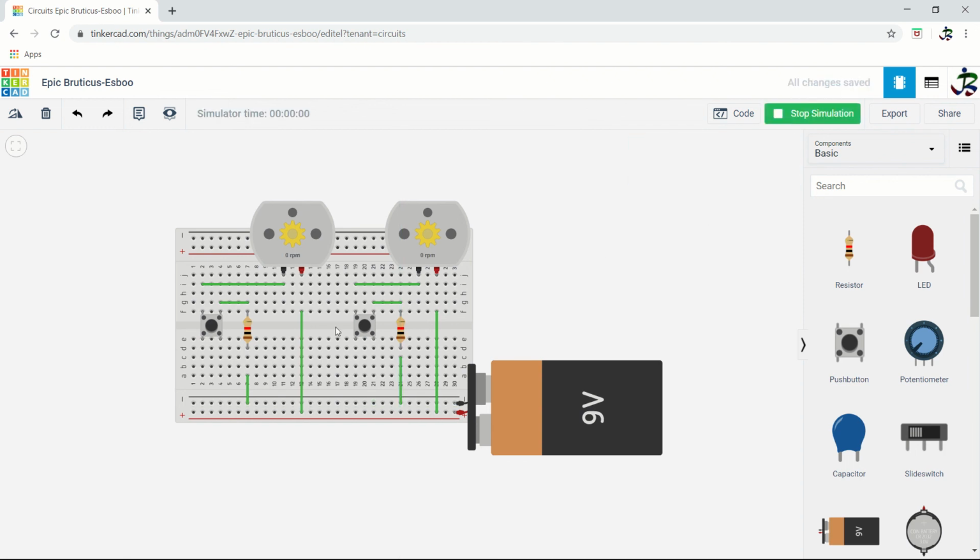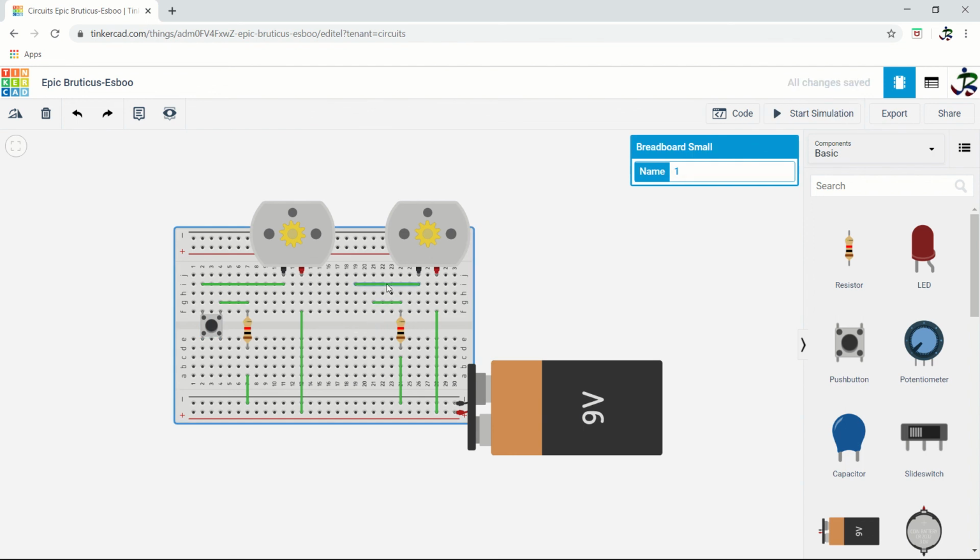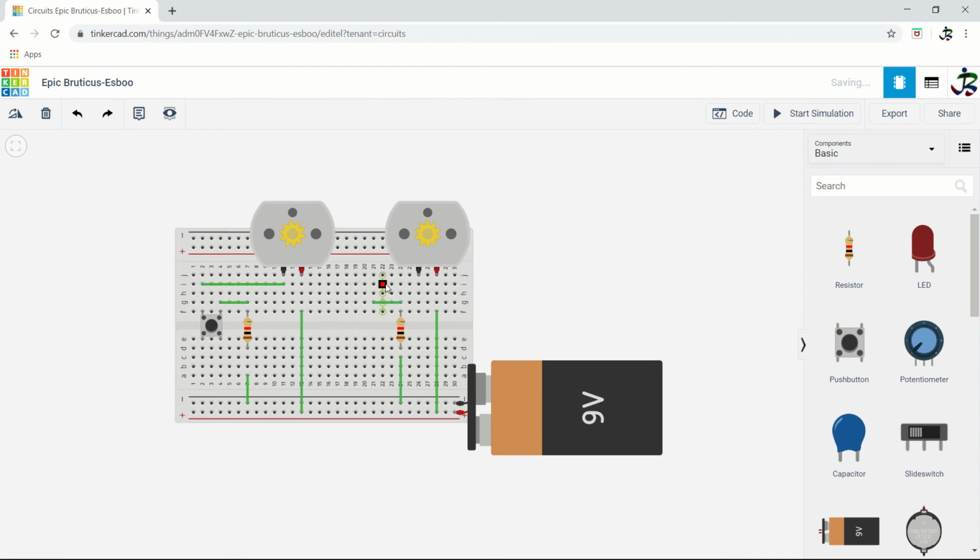Now when you push this, it is on. When you push this, it is on. Now if you want both the motors to get on simultaneously, what you can do is remove this, and you can connect the negative of the motor to the negative of the motor here, and the positive of the motor to the positive.